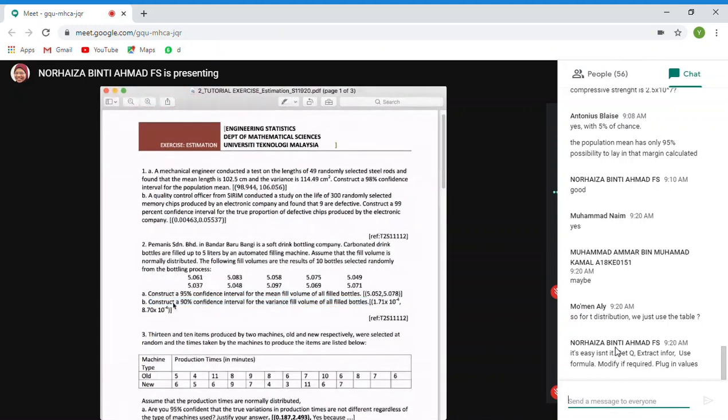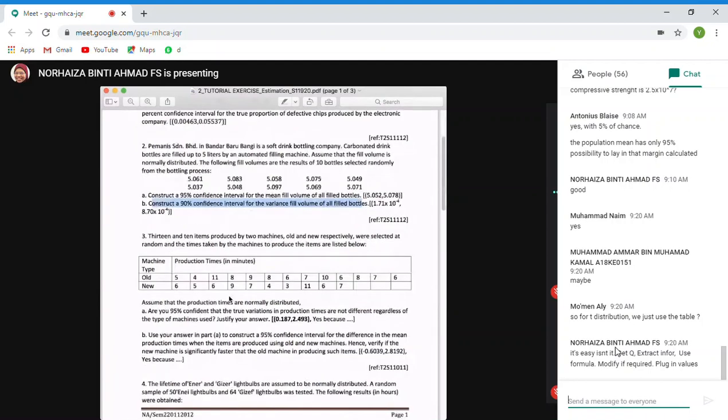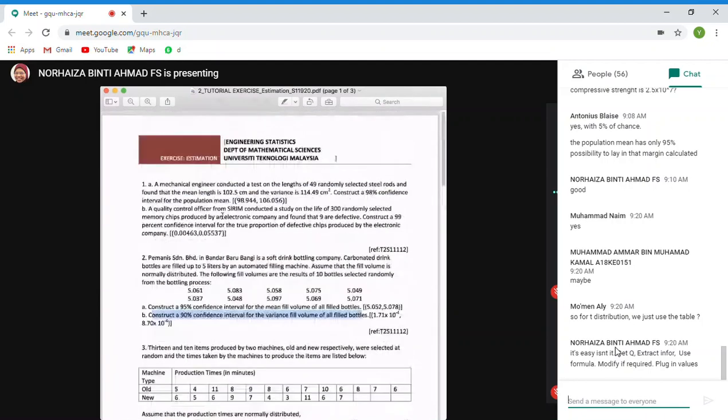This is still one population, because there's only one population in this question. This is to construct 99% for the true proportion of defective chips.